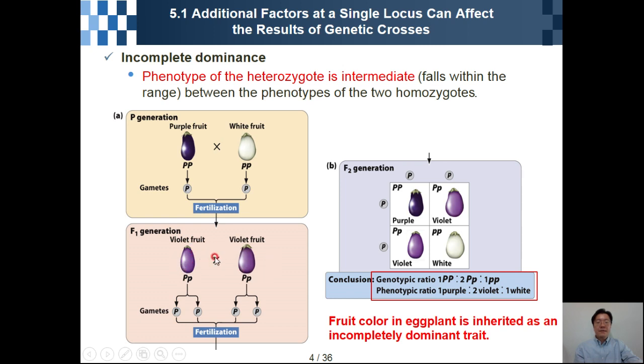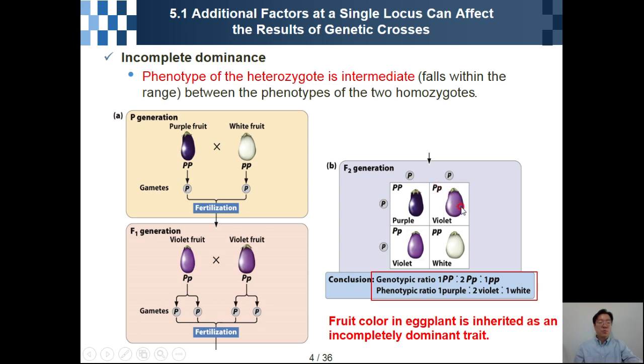After that, they did self-fertilization. This is the F2 generation, and this is a Punnett square. One side is large P and small p, and the other side is large P and small p.